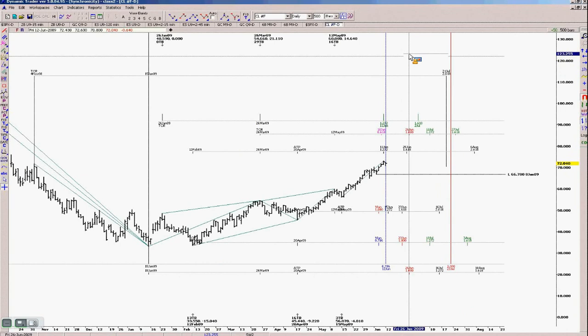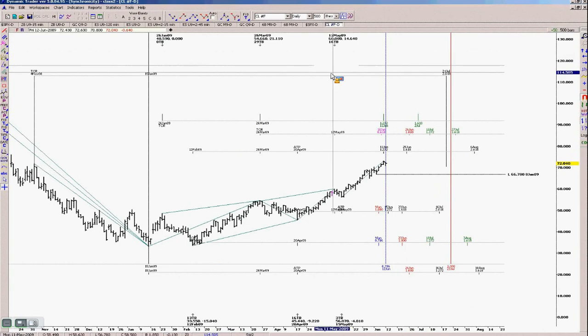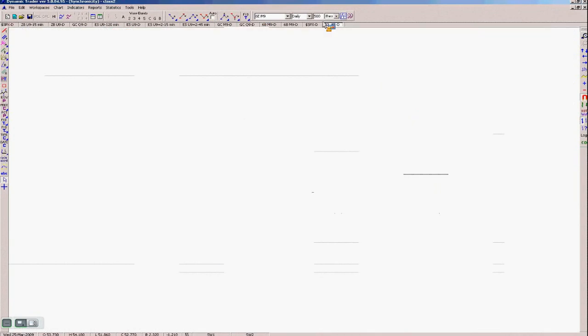Because I know that there are people who have watched these timings work more often than not, and you can't make the assumption that it's going to reverse. We had about 2 or 3 time windows that were blown through in the euro. I'm going to use the old contract in the euro.